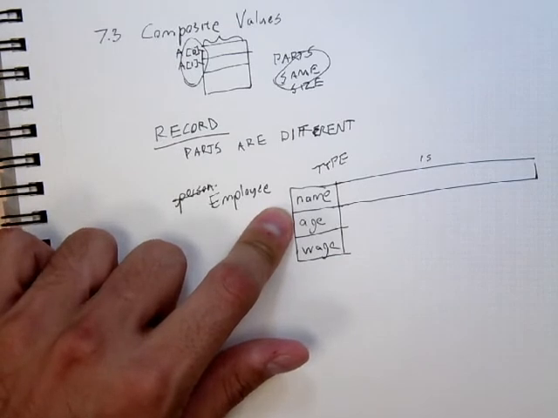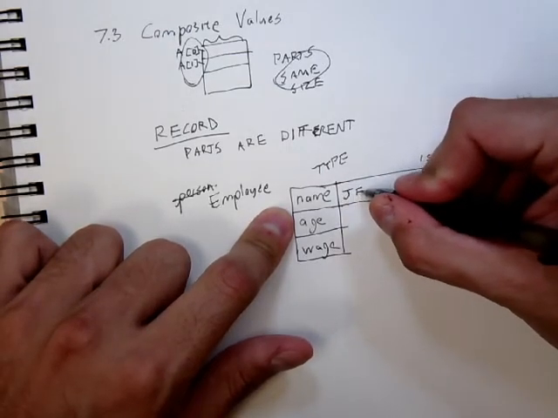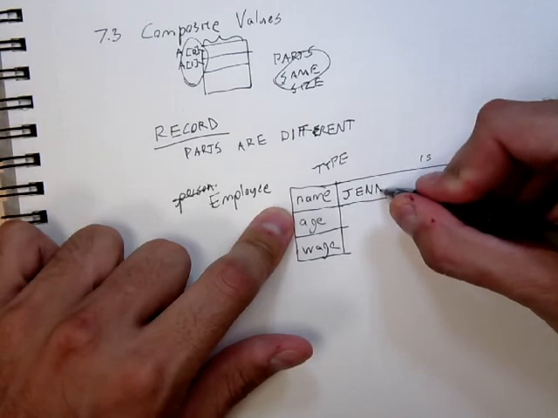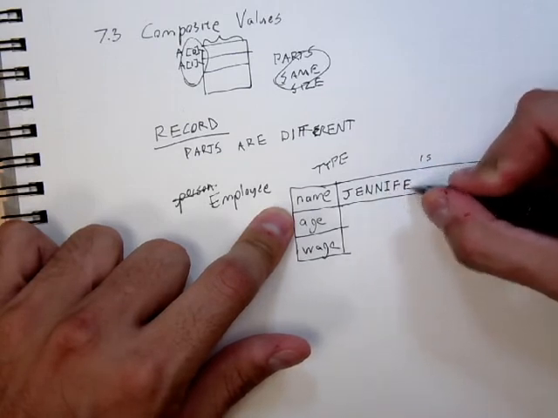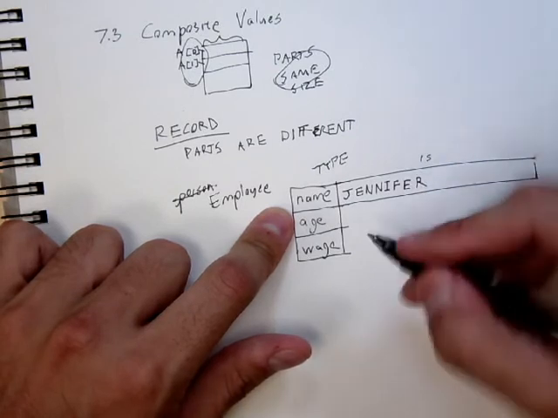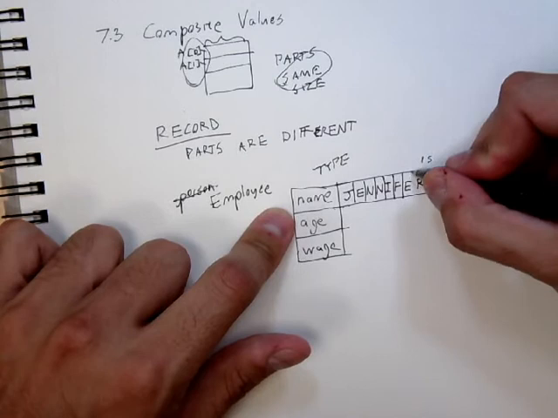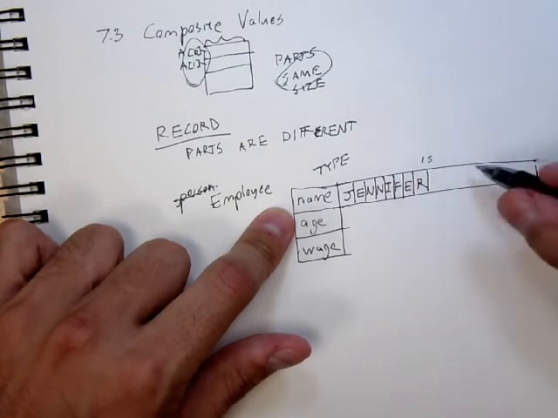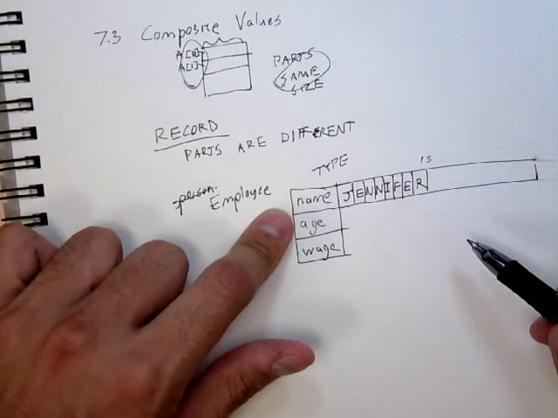Let's just try a name, like Jennifer. I put 2 N's. Some people always like to invent new ways to spell their name. So that's 1, 2, 3, 4, 5, 6, 7, 8.